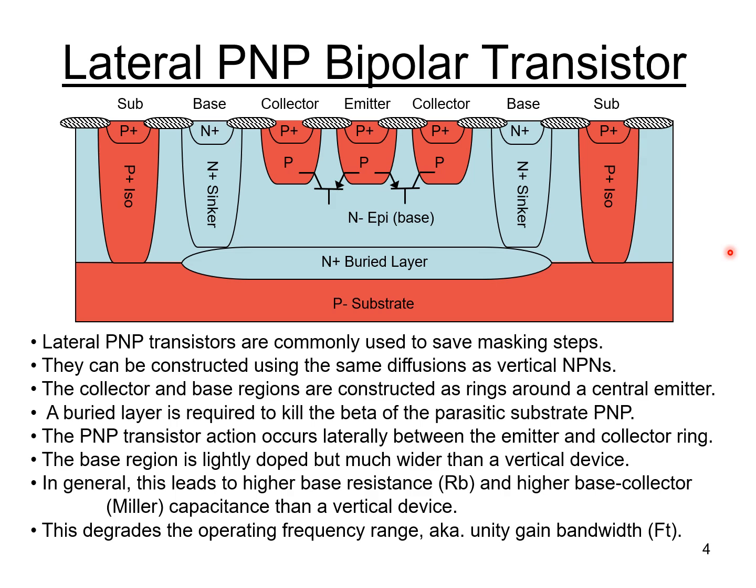First, let's look at where the collector region is in this drawing. You can see the contacts are labeled base, emitter, and collector, and we have basically a collector ring surrounding the emitter. That collector ring is made up of a P plus region at the top, for good ohmic contact, as we talked about on the vertical NPN, and a P base region underneath.